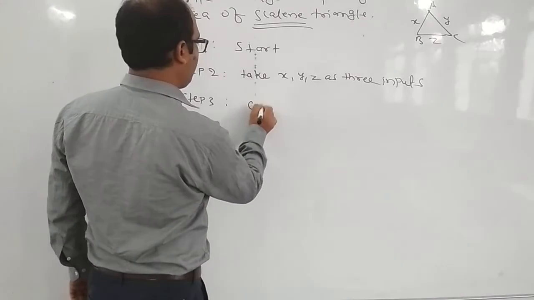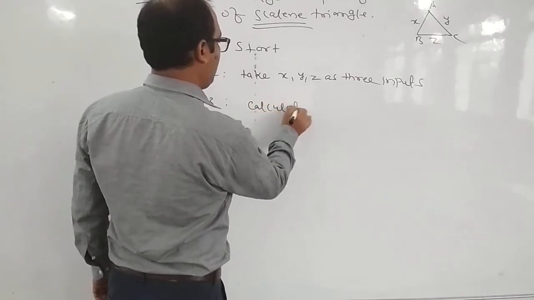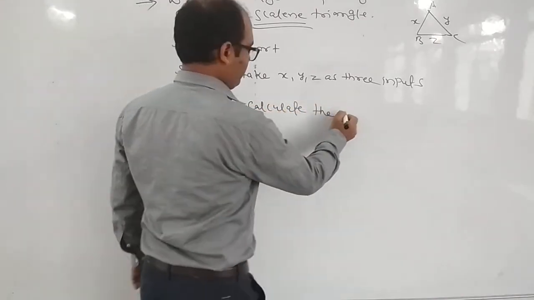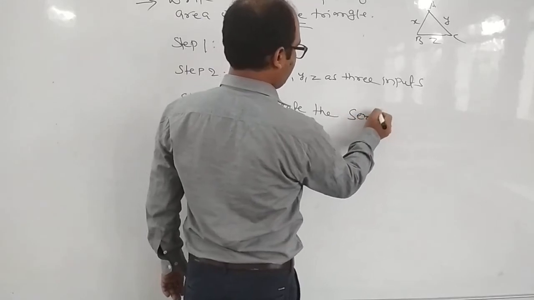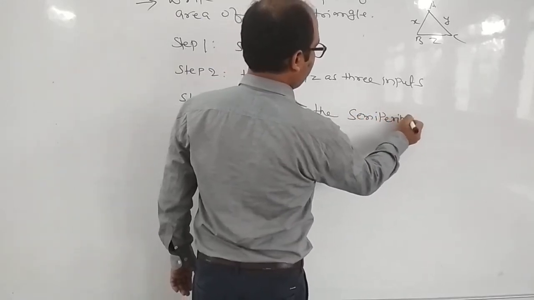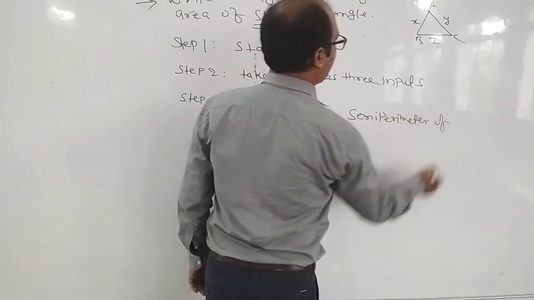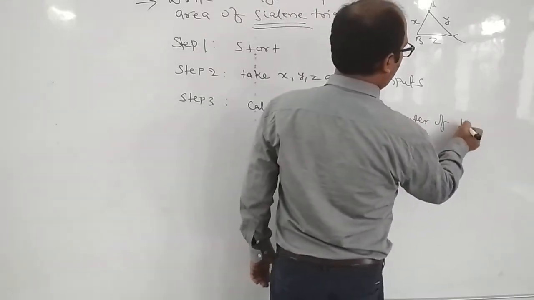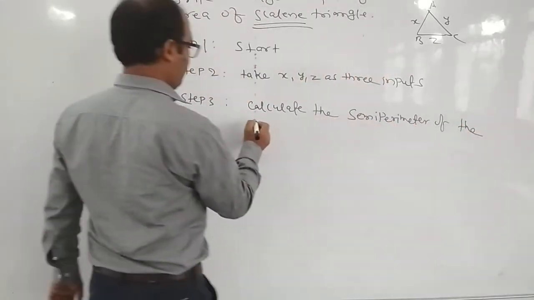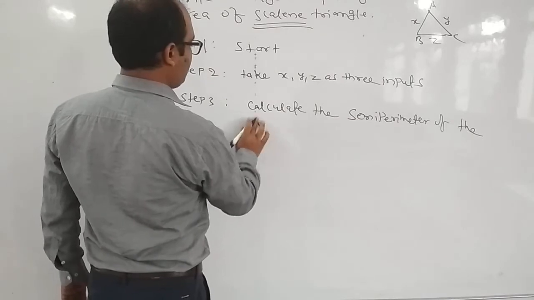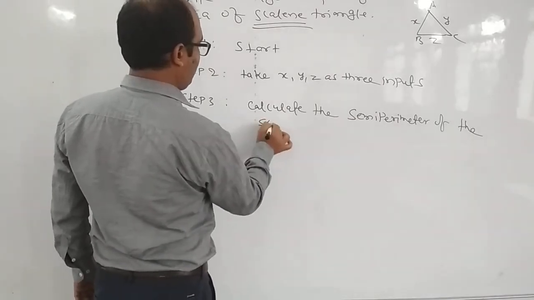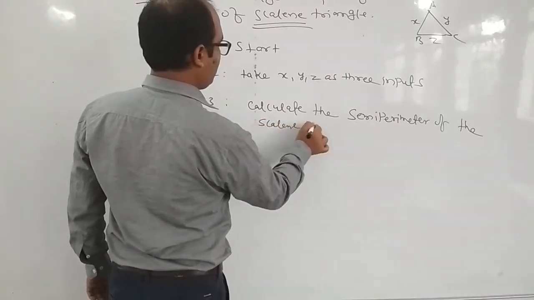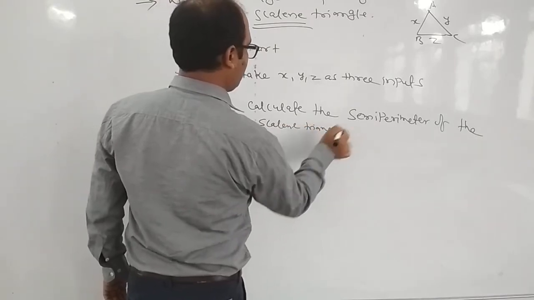So calculate the semi-perimeter of the scalene triangle.